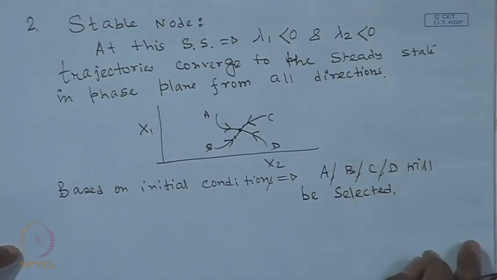In the case of a stable node, the eigenvalues are less than 0. Both of the eigenvalues are negative, and one can have a very stable system around that point. Any deviation about the steady state will lead back to that steady state.